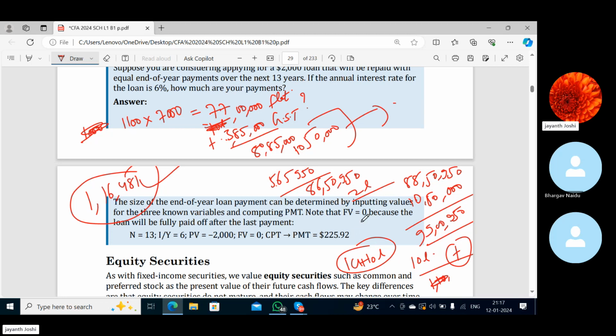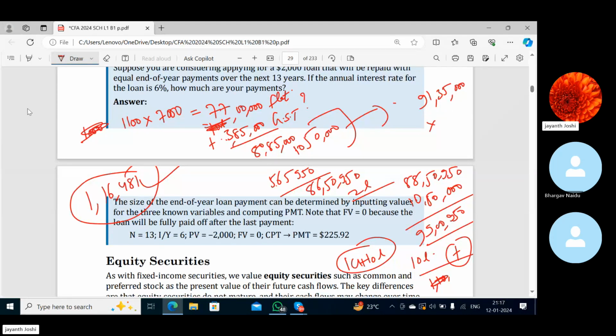Okay. So 80 lakhs 85,000 plus 10 lakh 50,000 comes to 91 lakhs 35,000. Of this, you opted for 25% down payment.